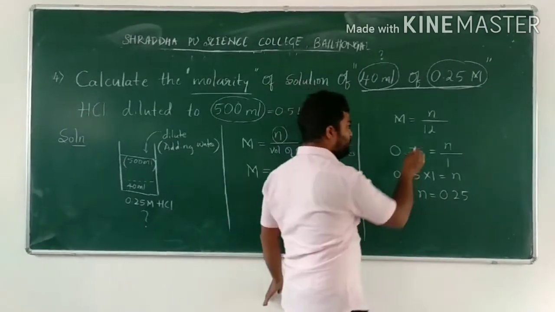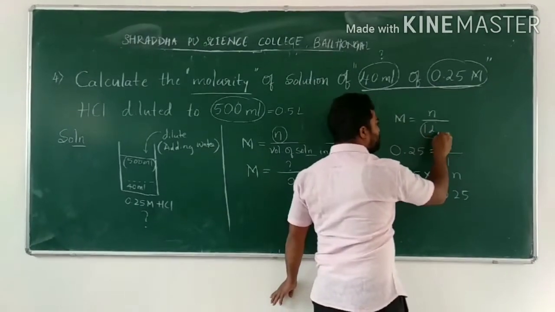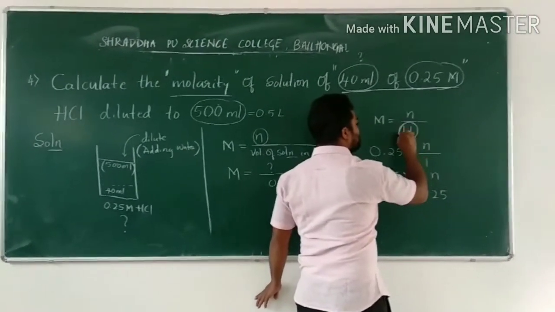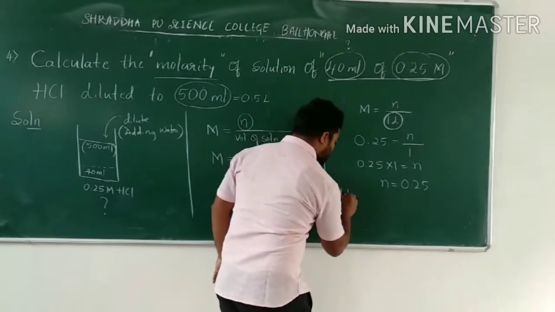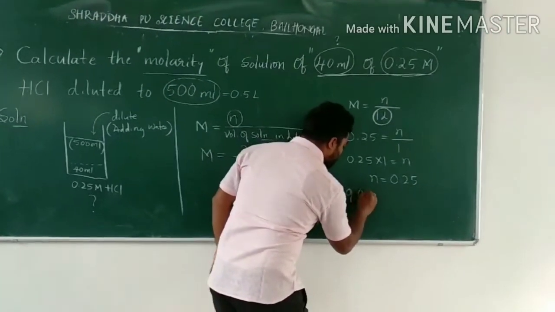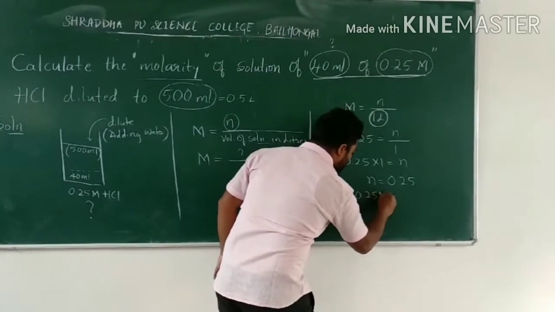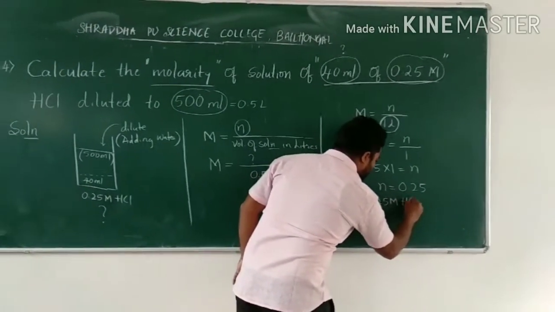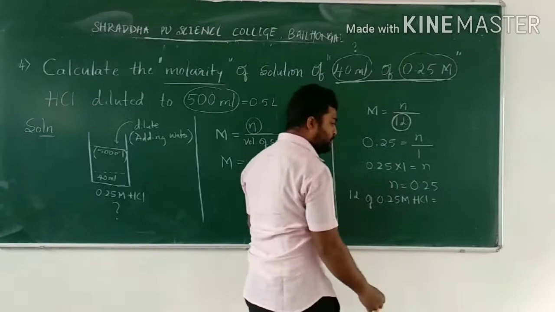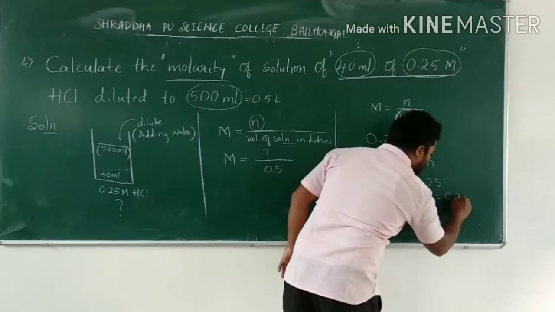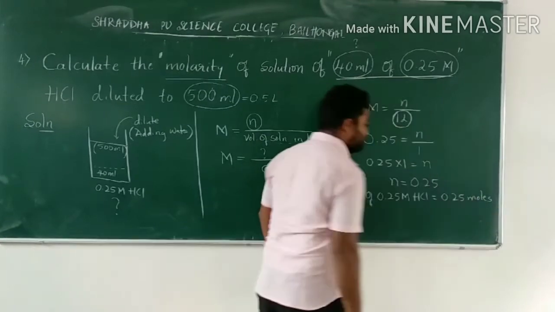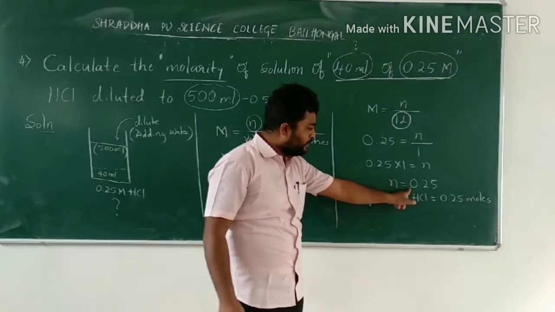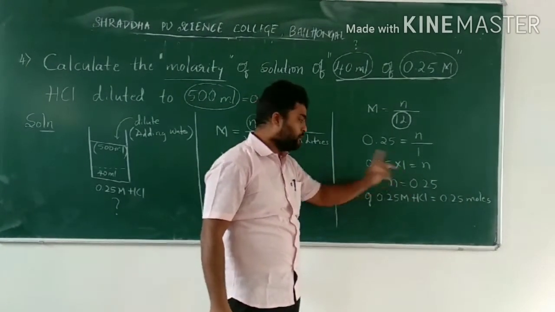But remember, you are considering 1 liter of the solution. That means in 1 liter of 0.25 M HCl, 0.25 moles are present.